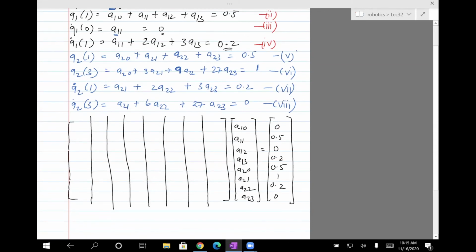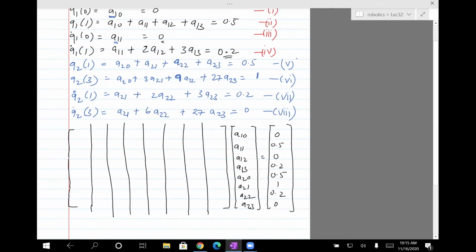Okay, so I'm only left to fill this big 8 by 8 matrix, and that's actually simple once you put it this way. So a10 is in the first equation, so the coefficient of a10 is 1. I need to put that here because this gets multiplied with a10 to give me 0, so the other elements are all 0.